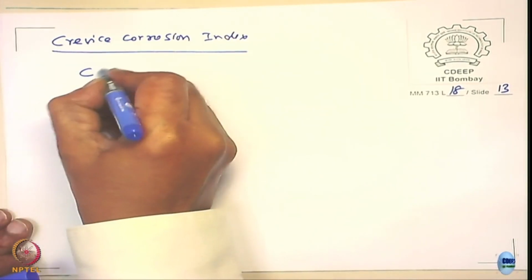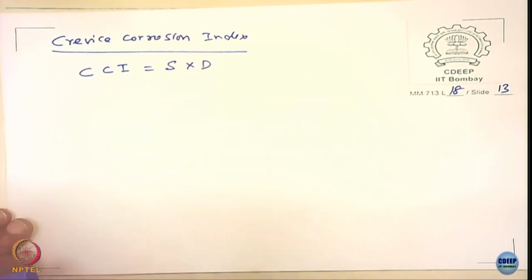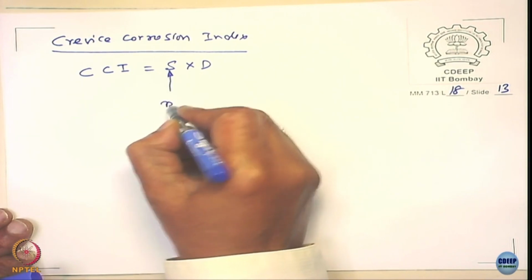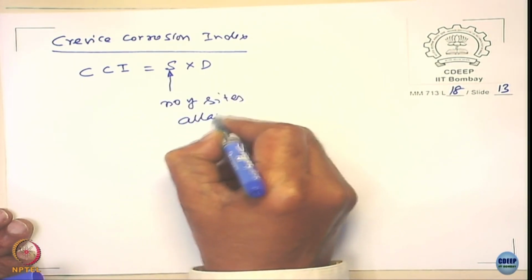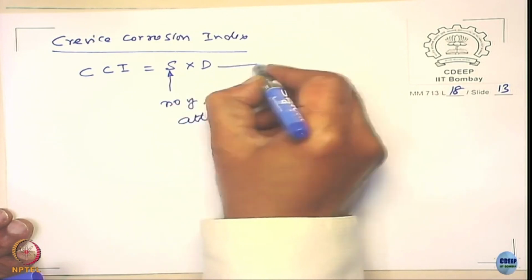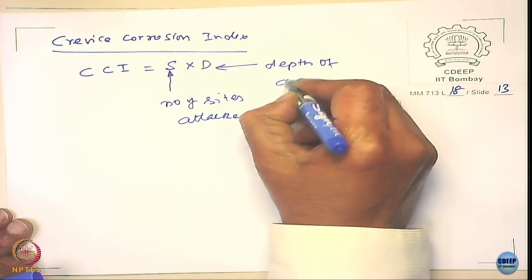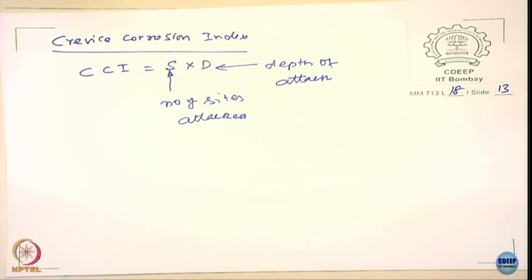CCI is given as the multiplication of these two, where S corresponds to the number of sites attacked and D is the depth of attack. So this is a kind of index people use to quantify the crevice corrosion resistance of metals.